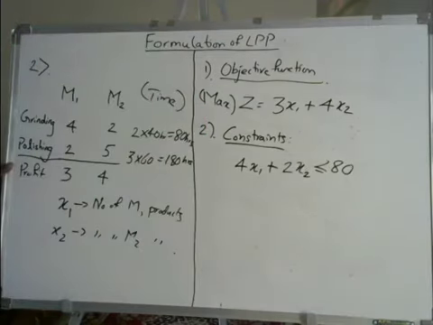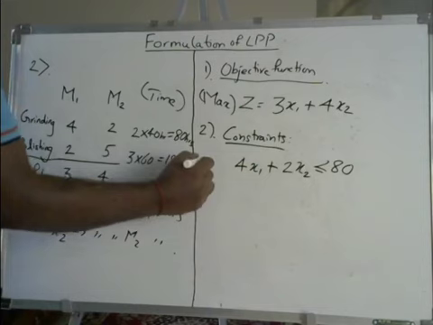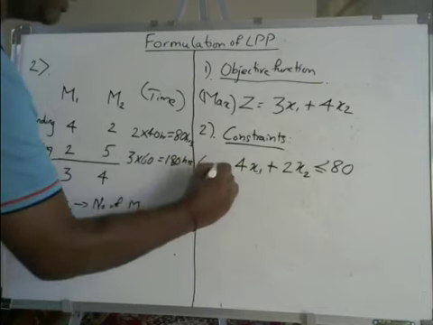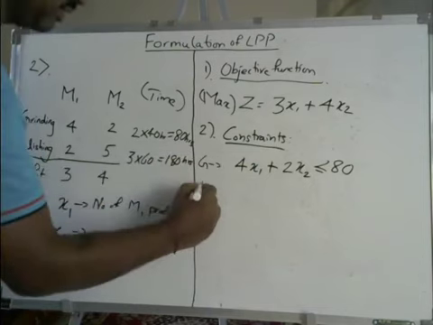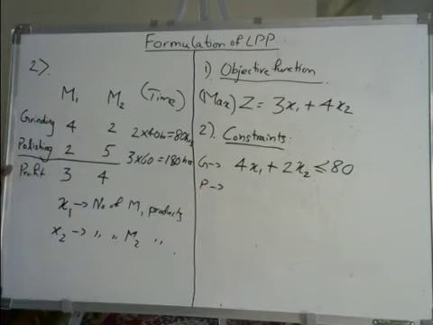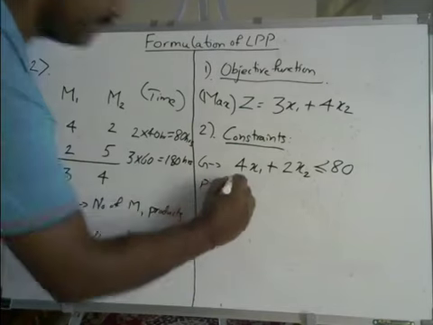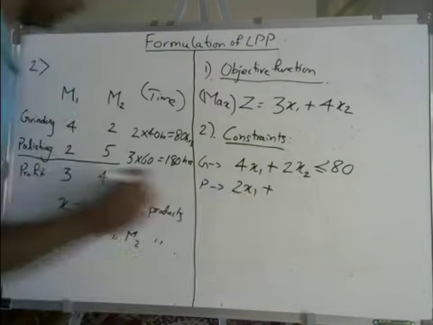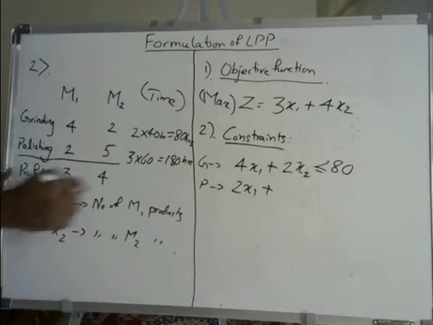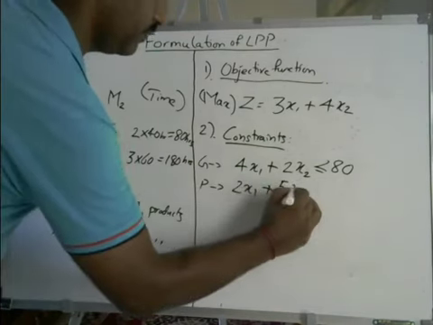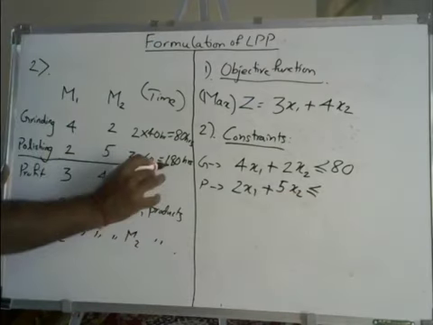This is the grinding constraint. For the polishing constraint, 2x1 plus 5x2 should be less than or equal to 180 hours.